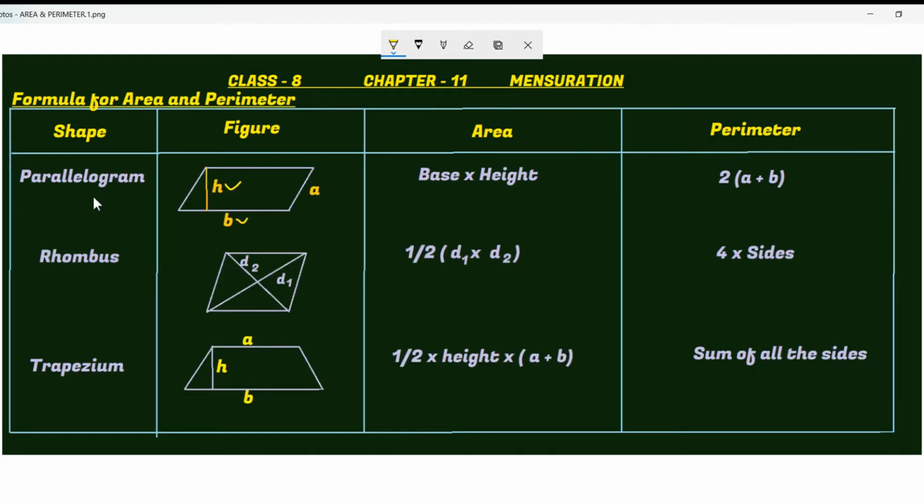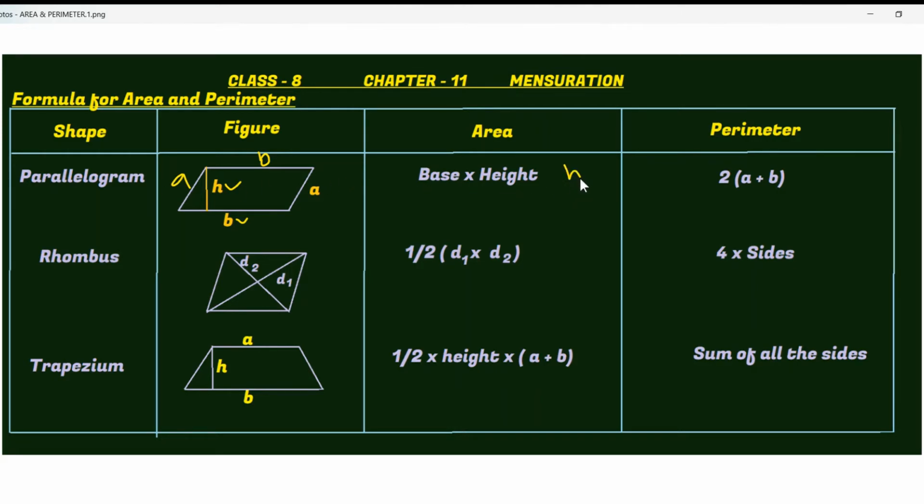Now parallelogram. In a parallelogram, we know opposite sides are equal to each other and parallel to each other. Here I have taken one side as A and another side as B. If this is A and this will also be A, and this is B and this will also be B. To find out the area of parallelogram, we need to know base also, because the area of parallelogram is base into height.